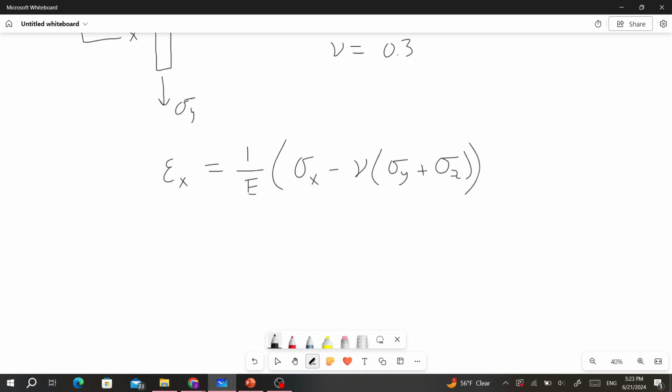Okay, so we know that sigma x is equal to 0 since this is uniaxial stress. We know that sigma z is equal to 0 since this is uniaxial stress in the y direction. So if we plug in, if we eliminate those, this reduces to epsilon x is 1 over E times negative nu times sigma y.